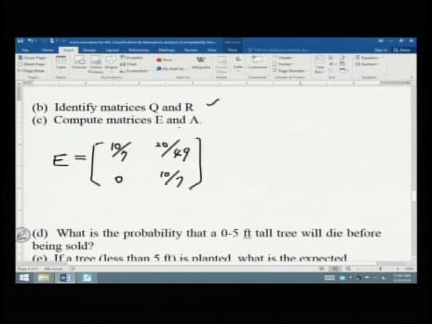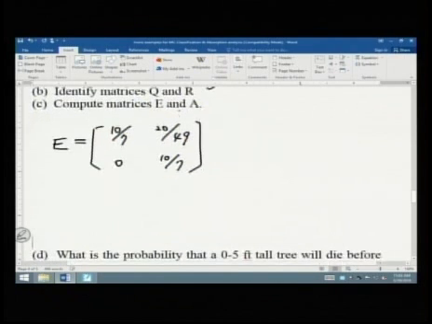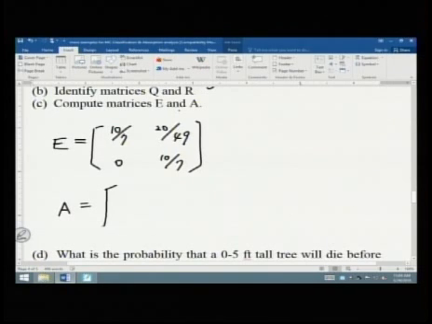That's my E matrix. Let me know if you have different values, okay? It should be correct, because I double checked it earlier. And the A matrix is 2 by 4, right?